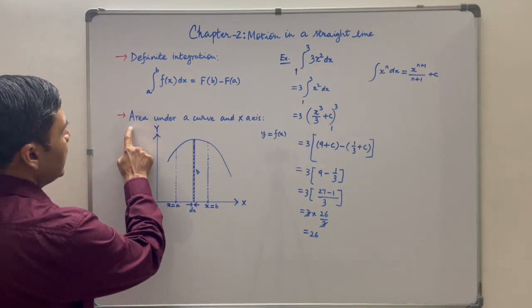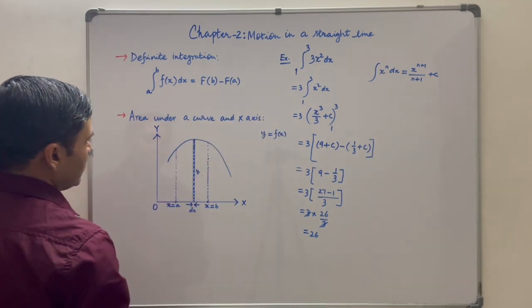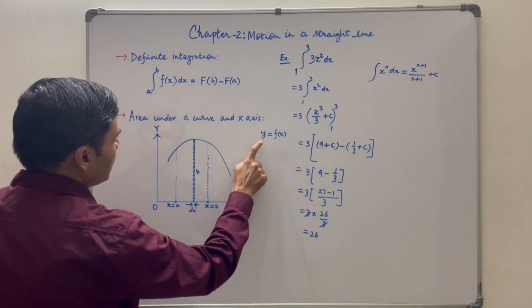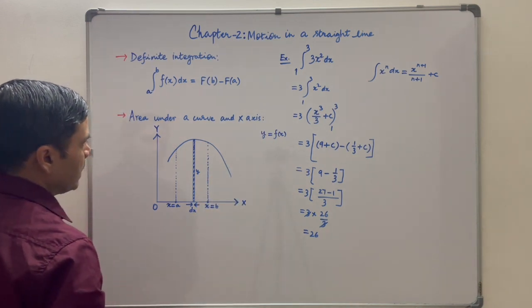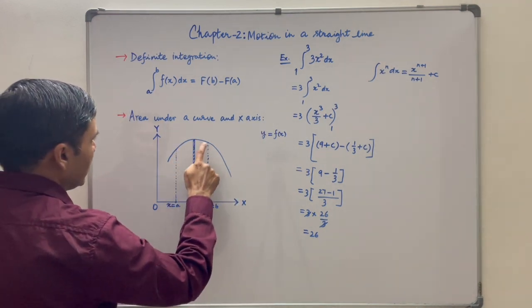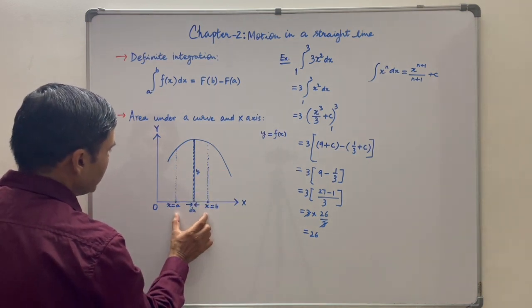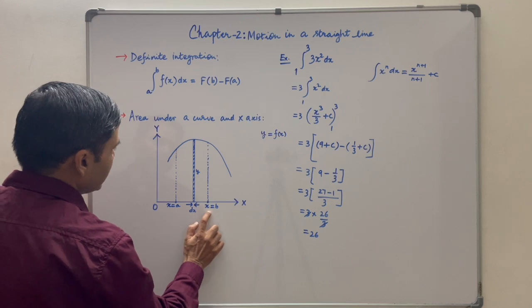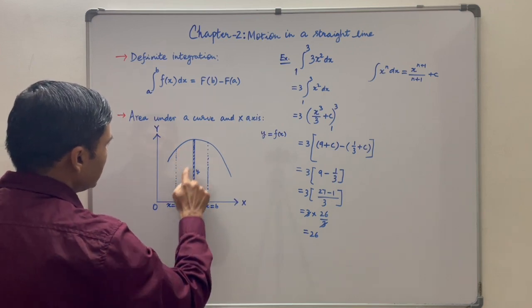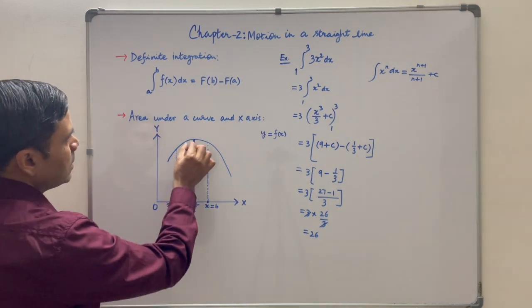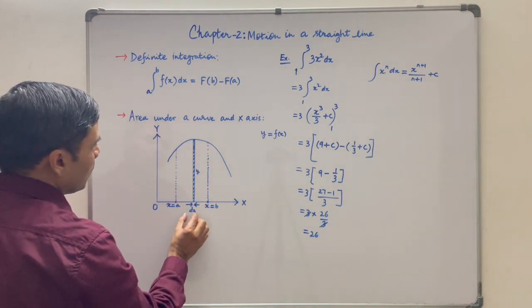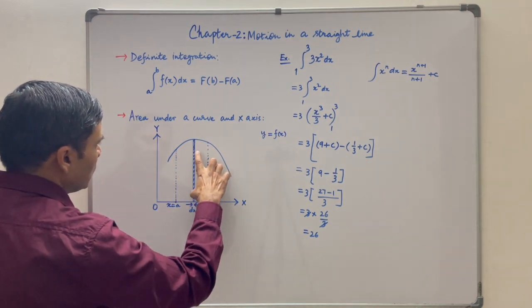Now let us see area under a curve and x-axis. Consider this curve is given by y is equal to f(x). We have to find out area between this curve and x-axis between the limits x equal to a and x equal to b, means this area. Consider a very small strip of width dx and height y.